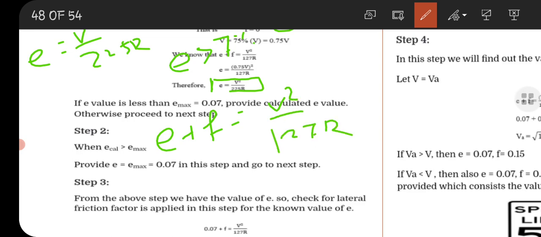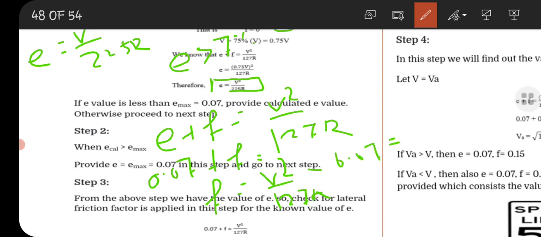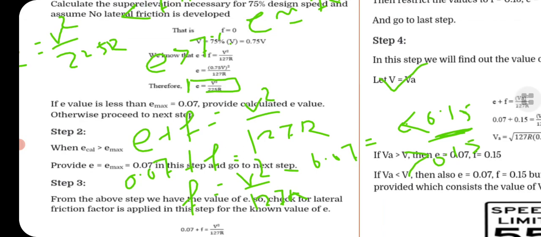As we know, applied E is equal to 7%, means 0.07, the maximum super elevation on plain terrain, plus F. Here we will calculate F is equal to V square upon 127R minus 0.07. If this value is less than 0.15 as per IRC, then the super elevation will be 0.07 and the value of friction will be whatever we calculated. If it is greater than 0.15, then we will limit our speed by considering the last step.